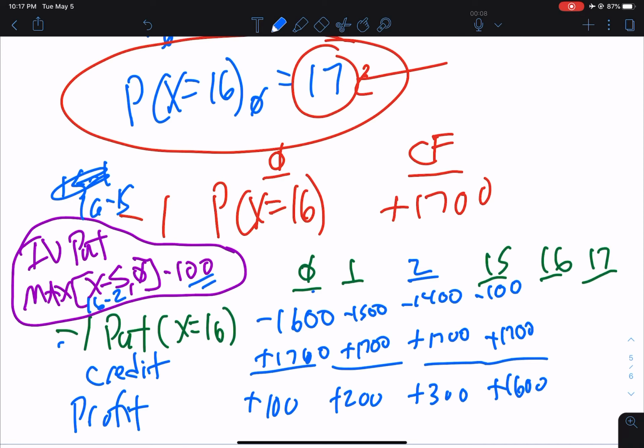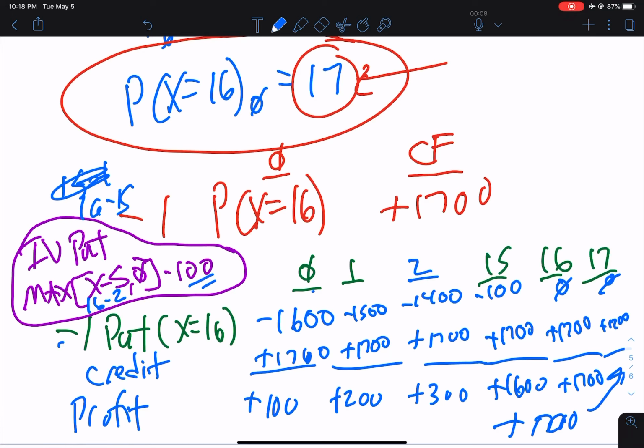And of course, you can see at a price of 16, the put is worthless, right? At the money puts expire worthless in equilibrium. We still got the plus 1,700. And of course, if the stock price is 17, the right to sell at 16 is 0, so this would still be 0 and plus 1,700, and of course the value right there would be, again, plus 1,700.